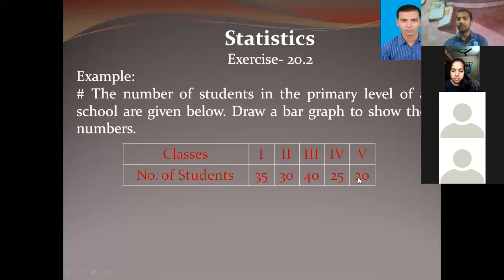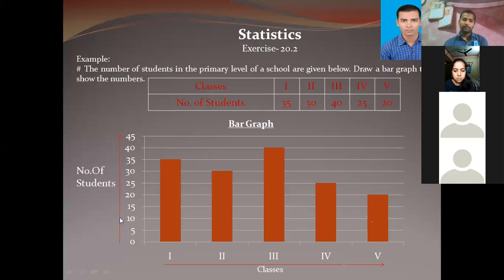While representing the data in a bar graph, we have here, look, the number, that means the frequencies, written vertically. You can see number of students. In the same way, the events, that is classes, are given in the horizontal line.